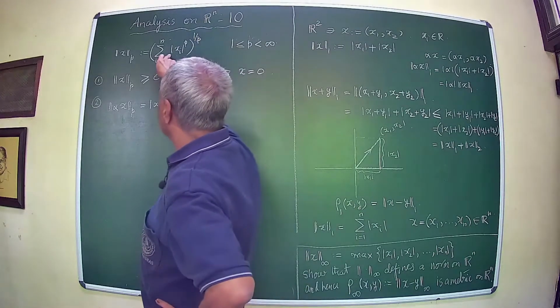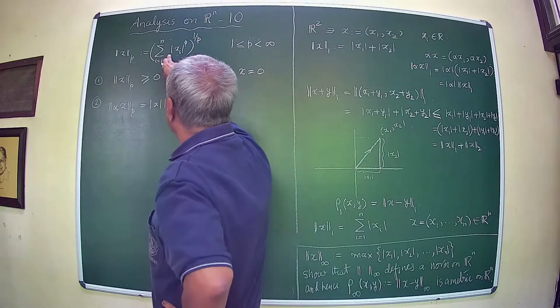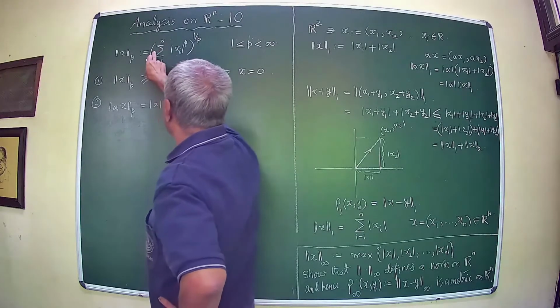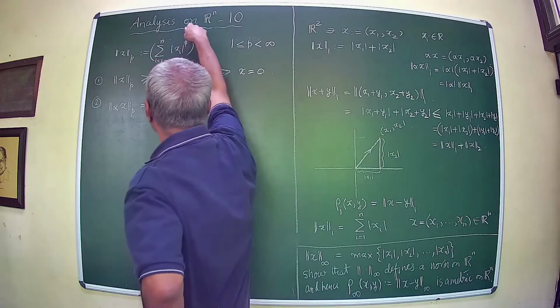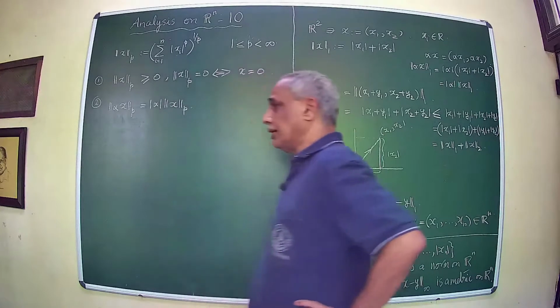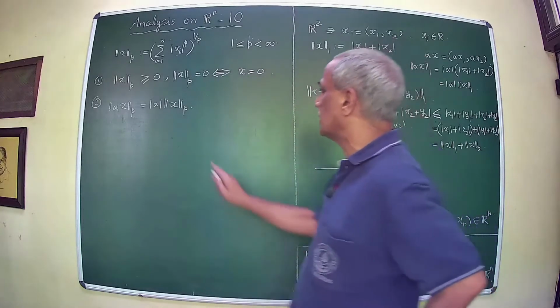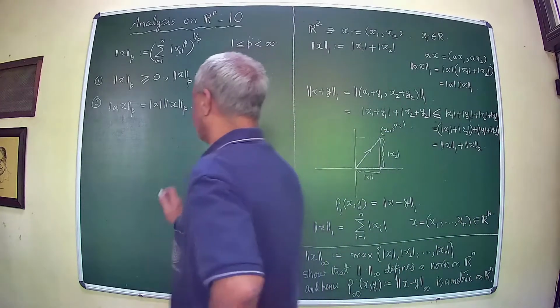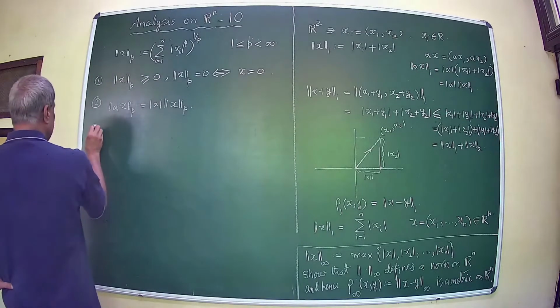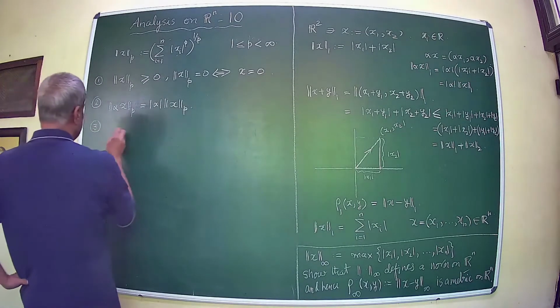You see that mod alpha to the power p can be pulled out, and then you are taking it to the power 1 by p, so that will give you mod alpha, and the rest will follow. That's straightforward. Okay. The third one is the difficult one.